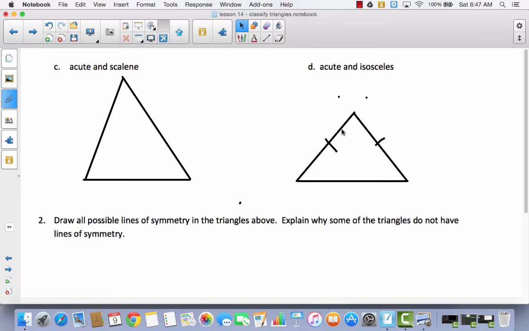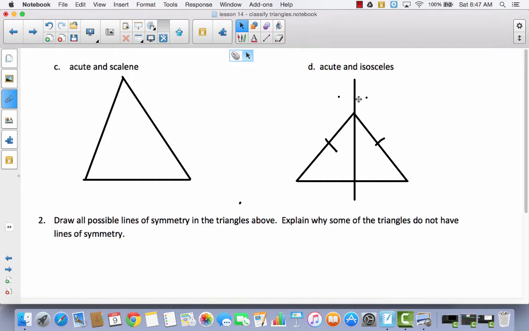So let's think about this for a minute. If this is equal to this and both of these angles are equal, does this have a line of symmetry? Yes, it does. It has a line of symmetry straight down the vertical middle. That's not exactly equal, but I'll try to scoot it over.